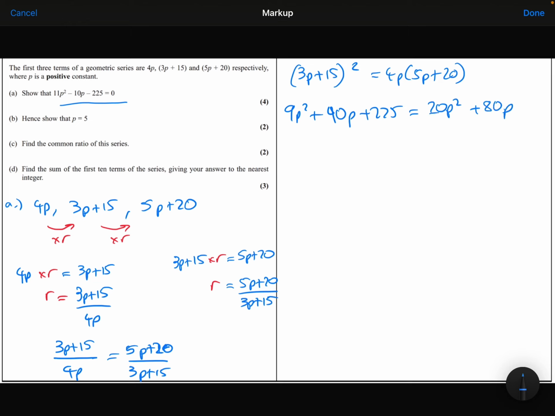And then move everything over to the right hand side. So 20p squared take away 9p squared is 11p squared. 80p take away 90p is minus 10p, minus the 225. And that's what we needed to show.